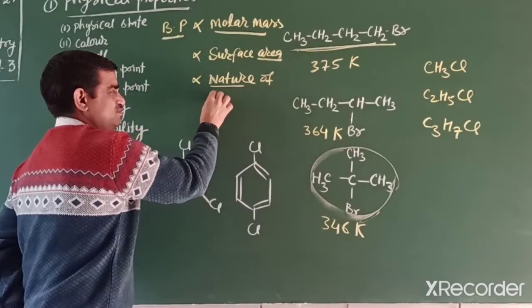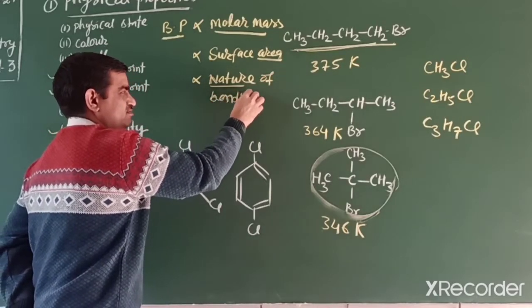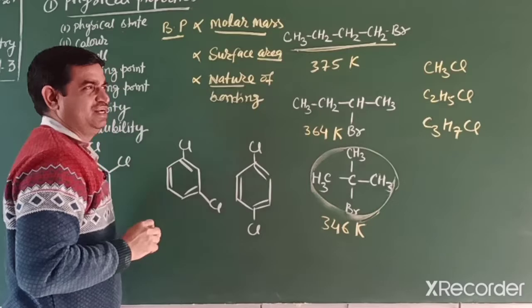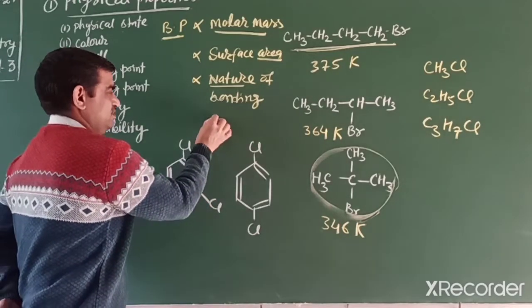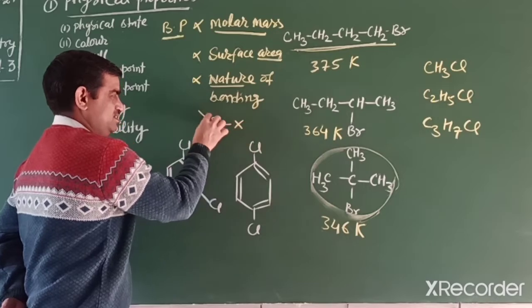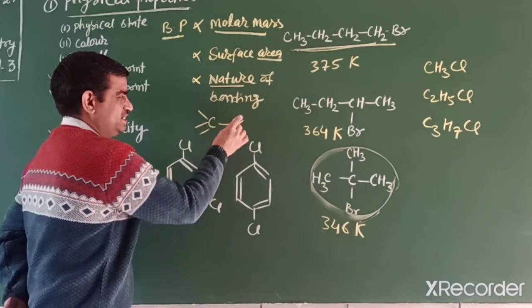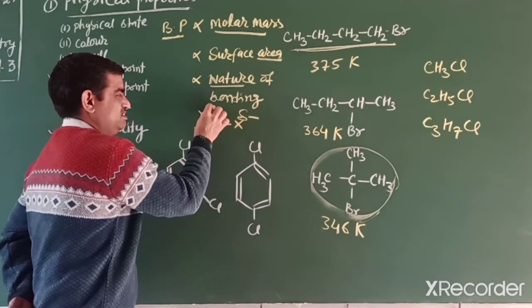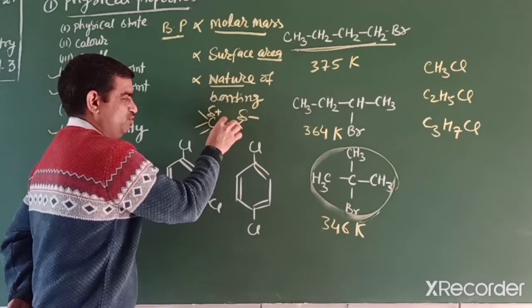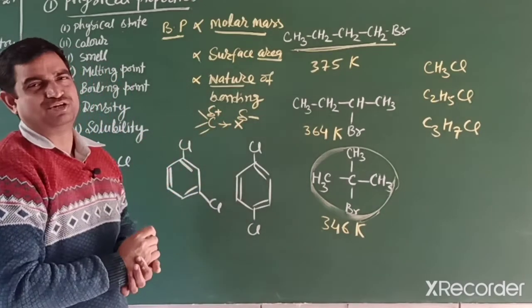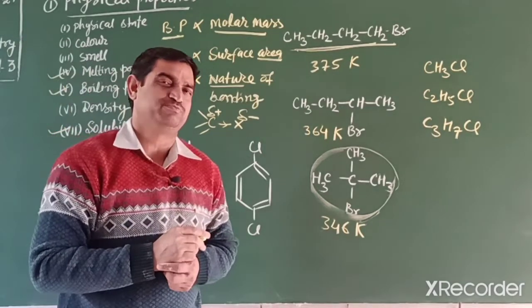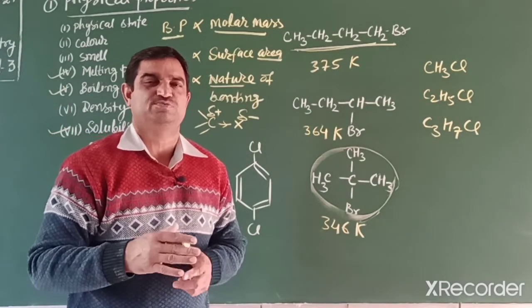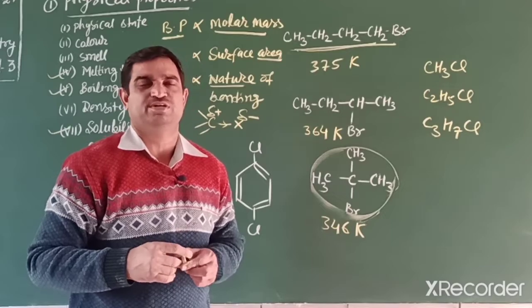For alkyl halides, we know earlier we discussed that the carbon-halogen bond has partial negative charge on the halogen and partial positive charge on carbon, which means polar nature. So dipole-dipole attraction. So their melting and boiling points are slightly higher than the corresponding hydrocarbon.